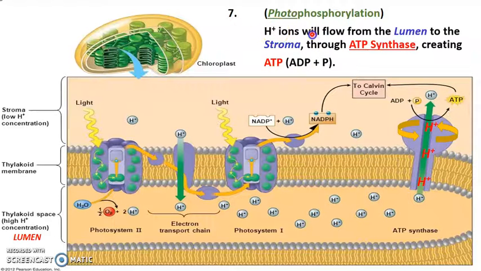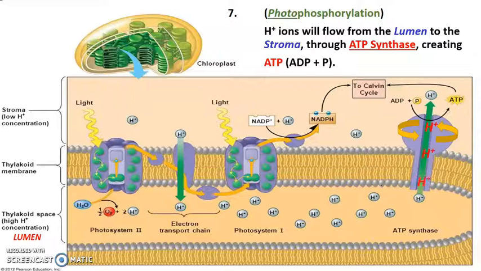So the hydrogen ions will flow from the lumen, so this gradient we produce here, back out to the stroma through ATP synthase, which helps to drive the production of ATP. So you're phosphorylating ADP, adding a third phosphate group onto it to make ATP once more. If I draw your attention here in the diagram, you're going to see a flashing hydrogen.